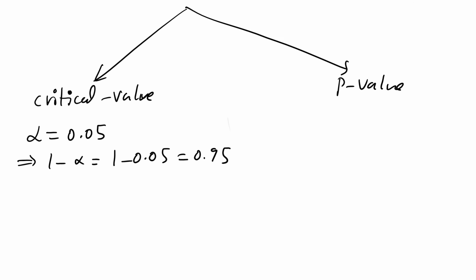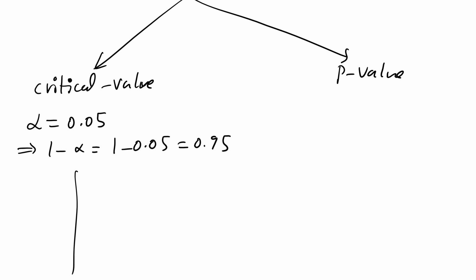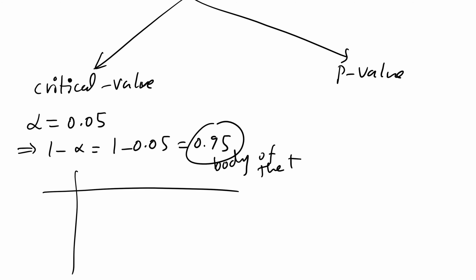So what do we do in table 2? We go to the body of the table and find this value in the body of the table. I'm looking at the table right now, so in the body of the table I'm going to find 0.95.